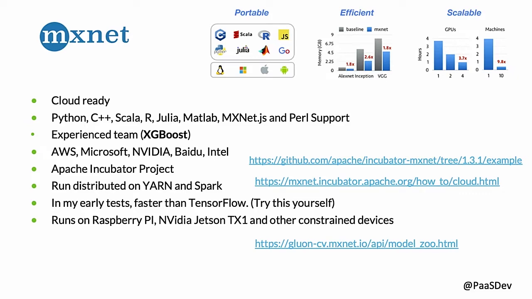So why is MXNet cool? I mean, there's a lot of big companies behind it. As you see there, that's a pretty good list of people who know about running machine learning and deep learning. And if you look, it's cloud first, which is something that's really helpful once you start running these algorithms and you want to be able to spin them up. It supports a lot of languages.